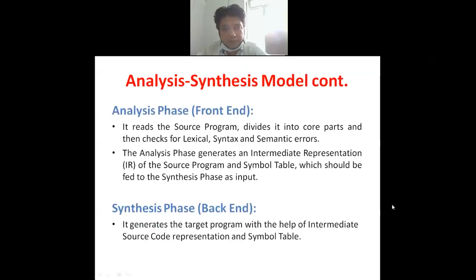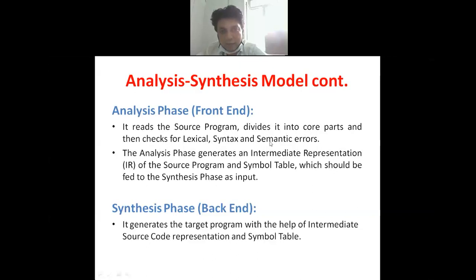Now moving further, this is the analysis part, also known as the front end. It reads the source program, divides it into core parts, and then checks for lexical, syntax, and semantic errors.